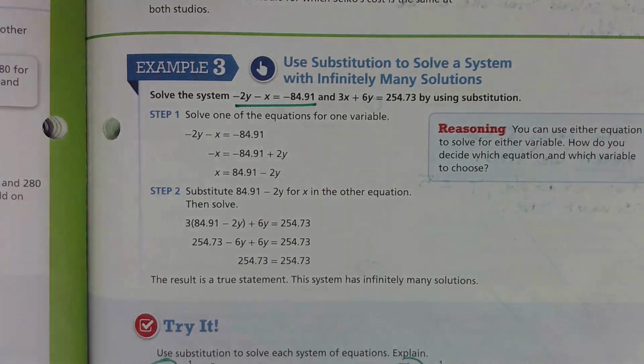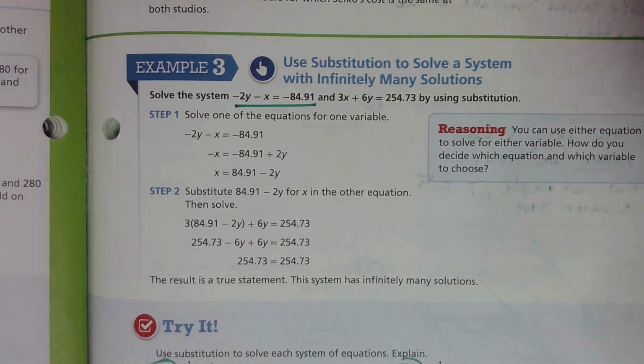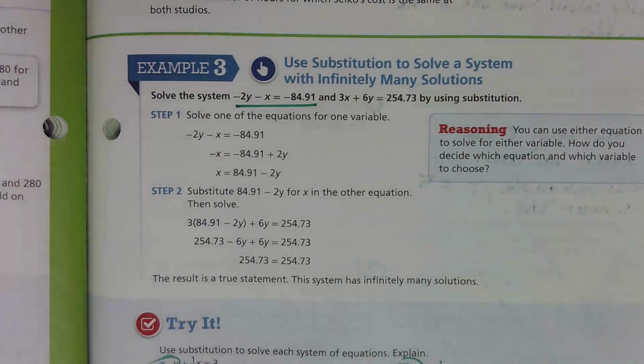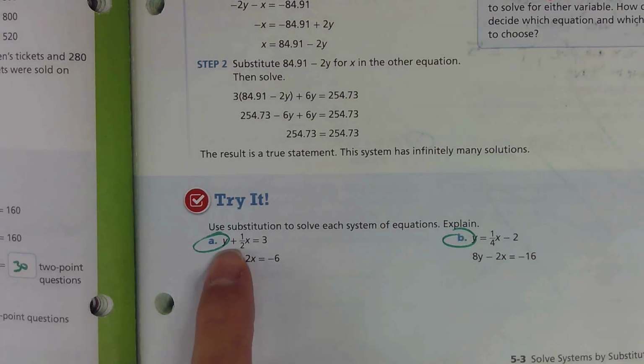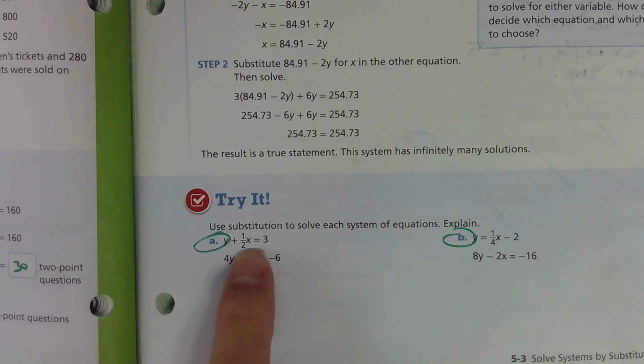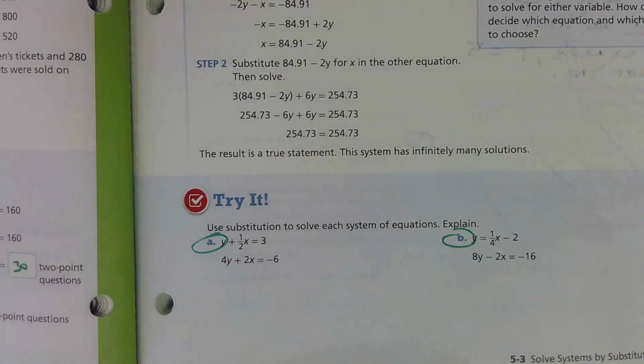And they go through how they solve that for these two equations right here. All right. So on your scratch paper, maybe write down the first two equations here for the triad down below. Page 283, we've got y plus 1/2 x equals 3. So I'll write those down.